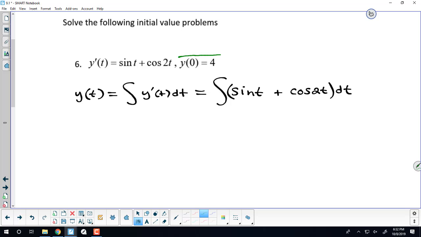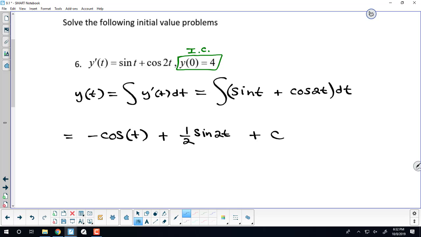This is our initial condition, of course. So we have the antiderivative of sine plus the antiderivative of cosine of 2t. We have negative cosine t plus sine 2t over 2, or times a half, however you like to write that, plus a constant for y of t.